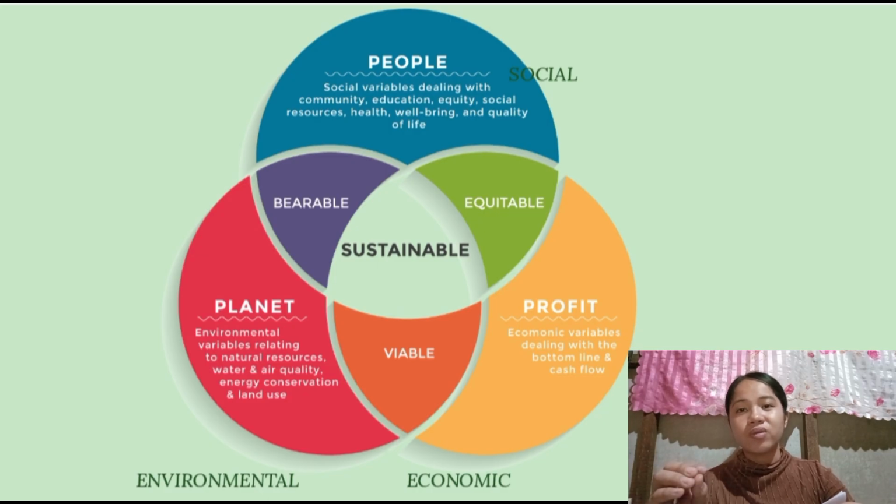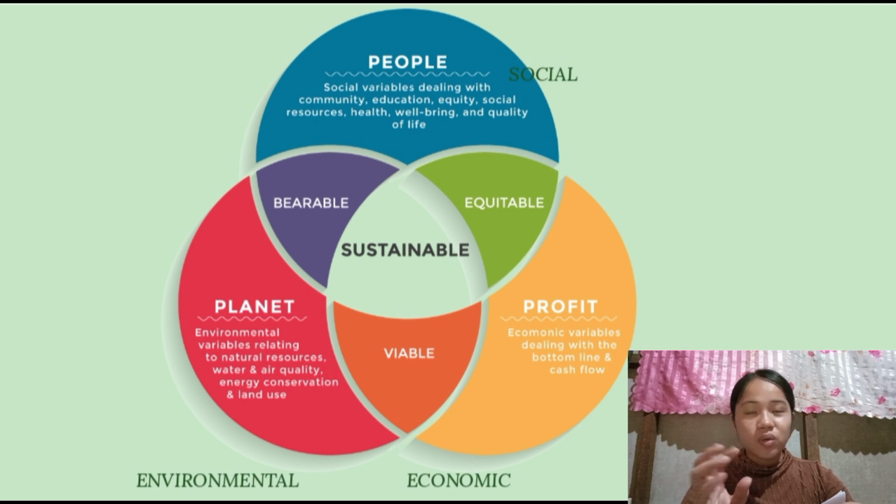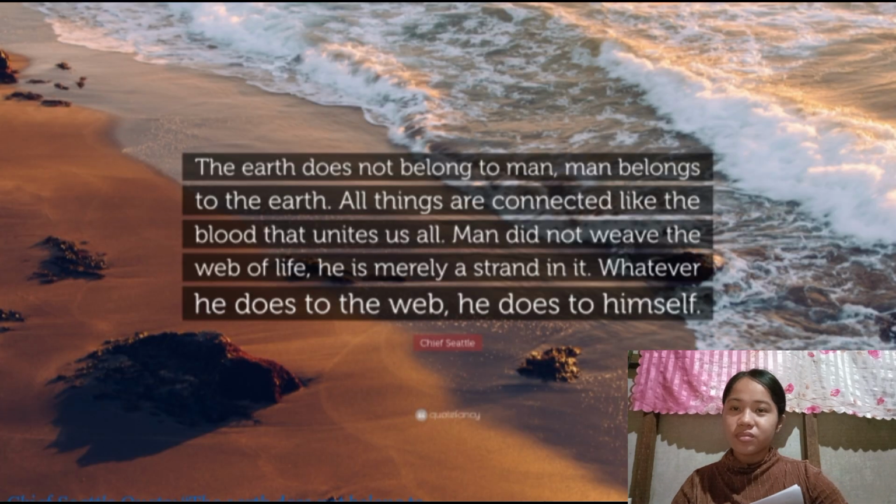For an example of environmental, a clean river allows the fisherman to catch fish, and that is the economic, because it allows the fisherman to catch fish. Then people are living well. So this is the example.